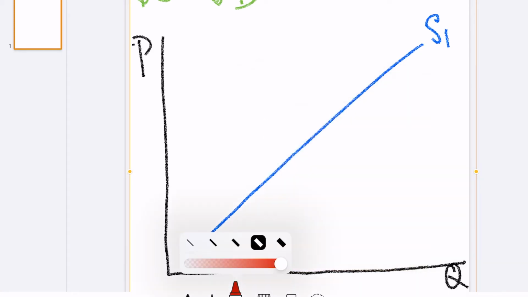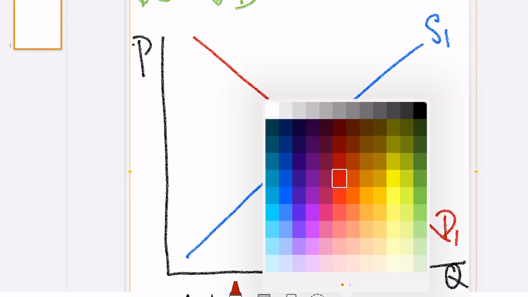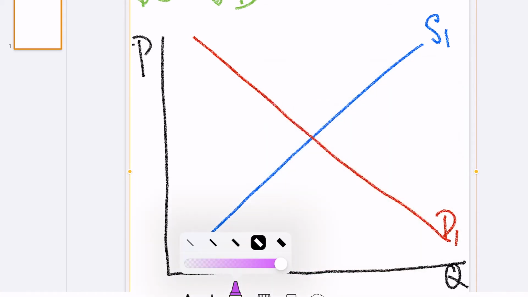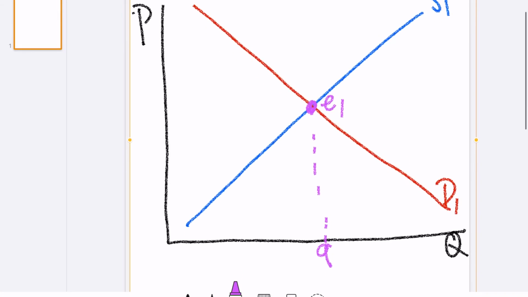Then I'm going to draw demand, label it D1. And then I'm going to label this E1. Find my QE, find my QE1, find my PE1, and so I've labeled it all.